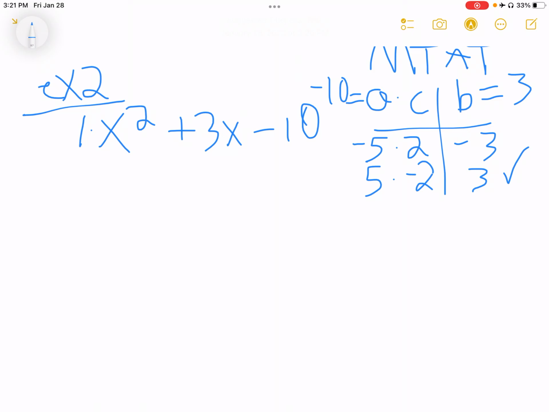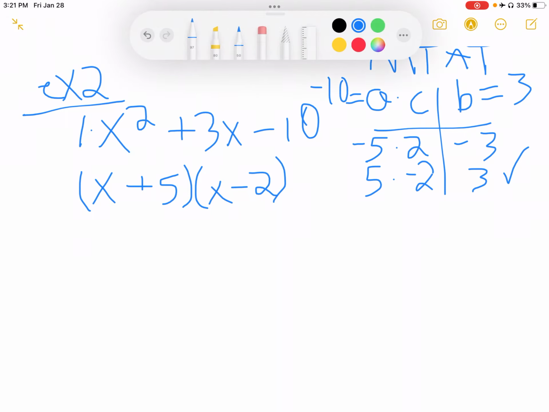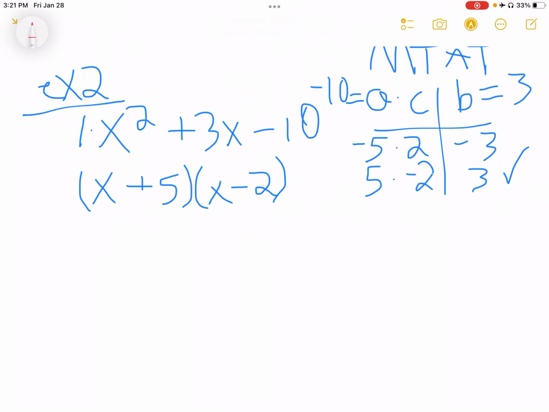And then the last step, right, is just go ahead and write our answer. So it's x, and we're going to add our numbers. So then we have x plus 5, and then we'd have x minus 2. Right, and then the way to check this, if you remember, is to go ahead and multiply them out, right? So FOIL: first times first, outside times outside, inside times inside, and last times last.